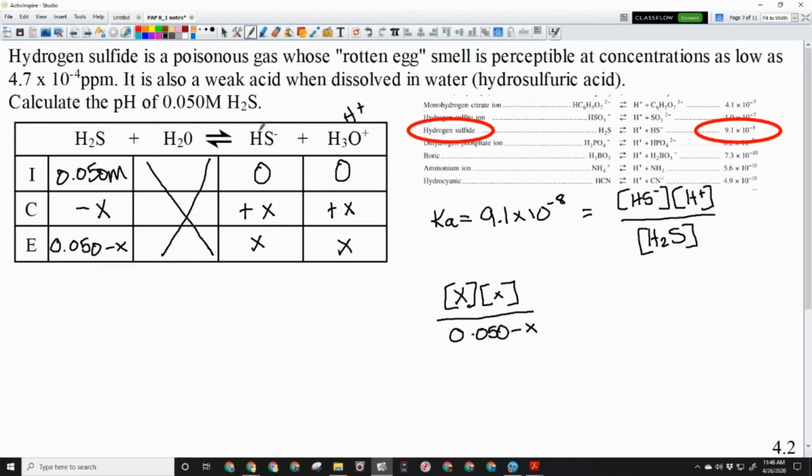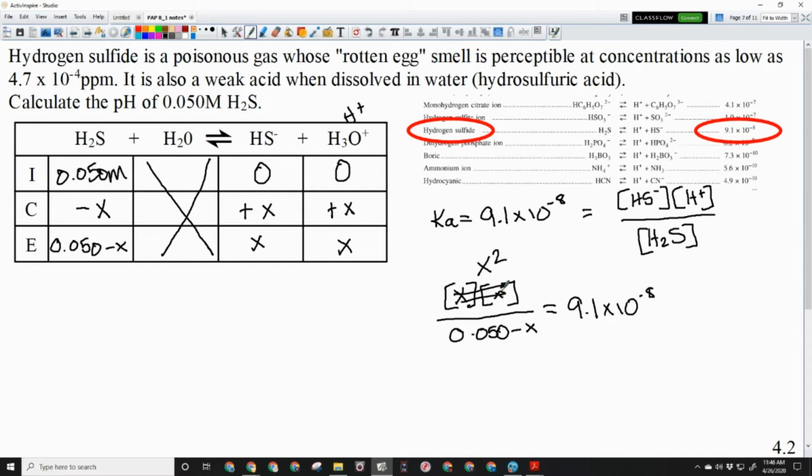All we did was substitute these equilibrium values from our ice chart into the equilibrium expression. This is all equal to 9.1 times 10 to the negative 8, the Ka for hydrogen sulfide. If we simplify, x times x becomes x squared over 0.050 minus x equals 9.1 times 10 to the negative 8. We only have one variable here, so we can solve for x.